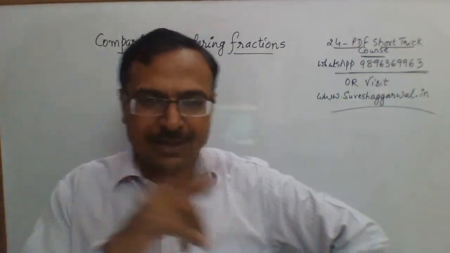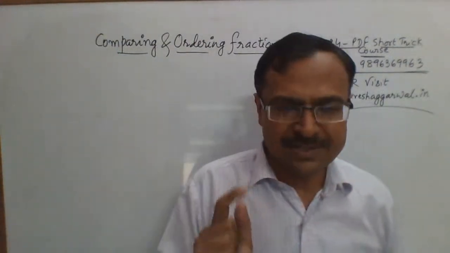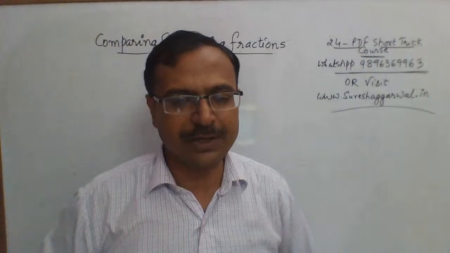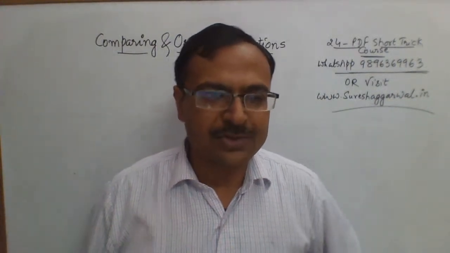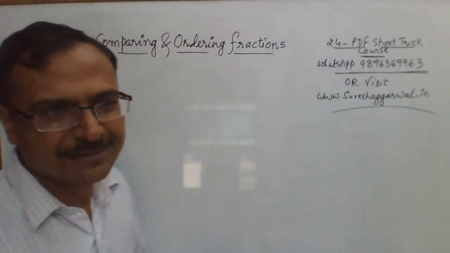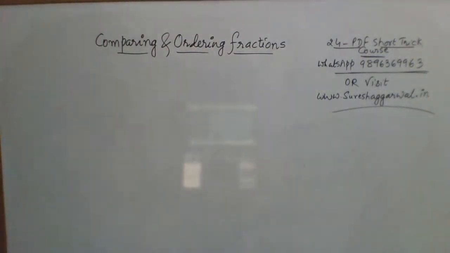So before taking up the concept of this, let's go for one simplification problem so that we can allow time for other students to join in. Okay, so this is the first question for today.